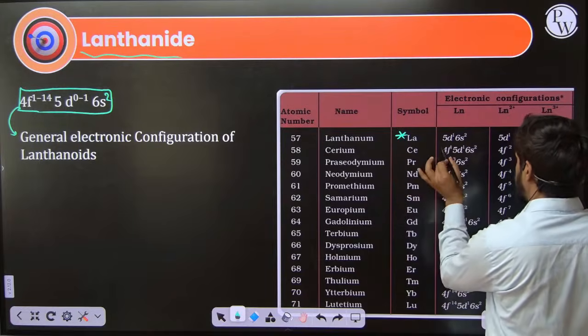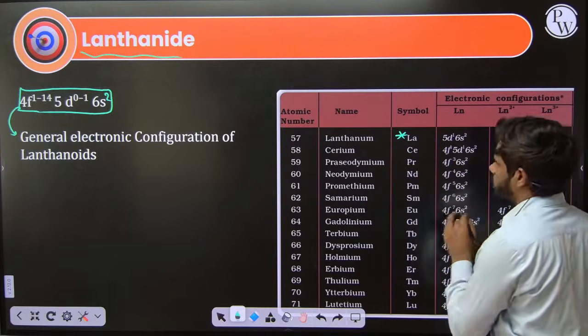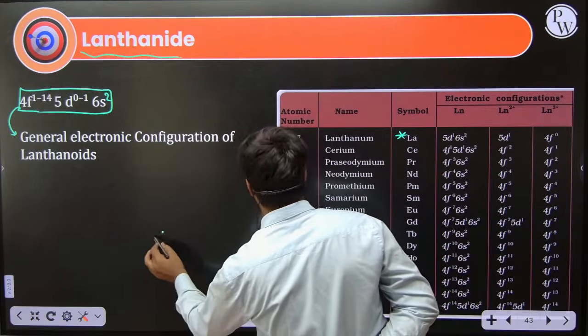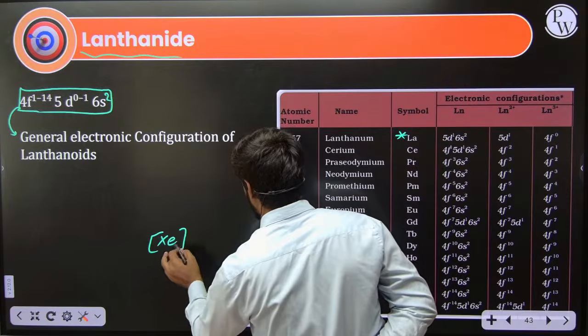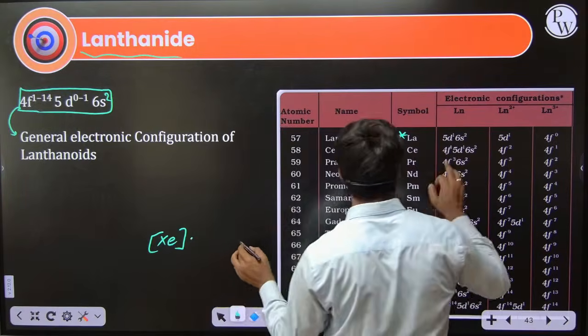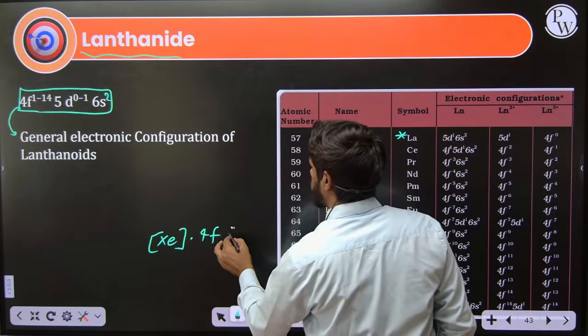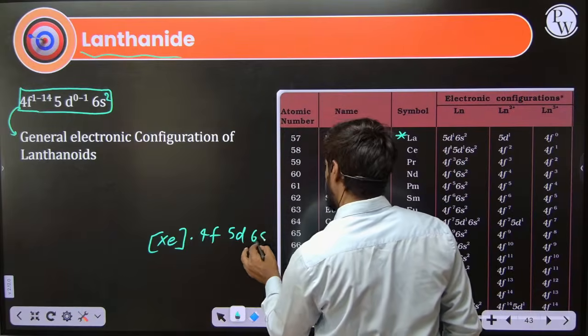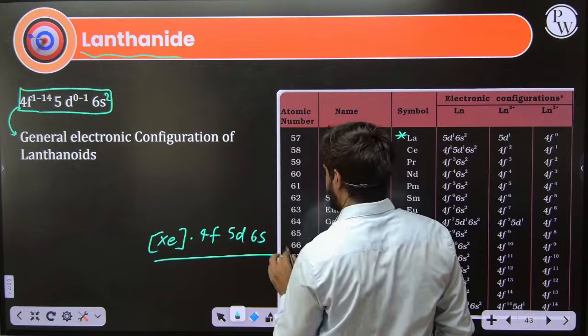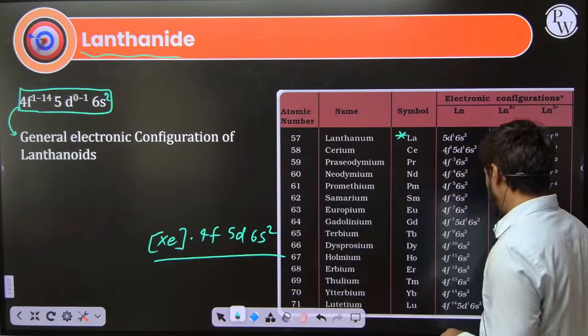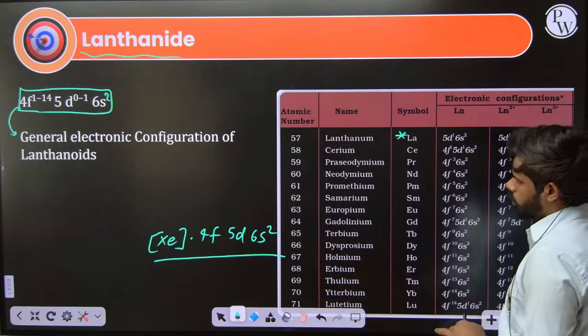Cerium, first of all we have 54 electrons for xenon. After xenon we are filling 4f, 5d and 6s2. To fill this, 6s will always get 2 electrons.